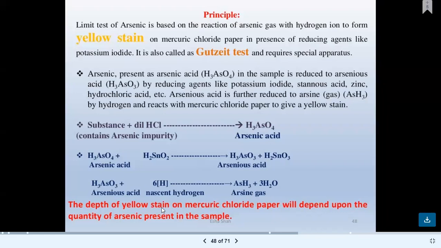The arsine gas then reacts with the mercuric chloride filter paper and gives the yellow stain. So these are the steps by which the limit test for arsenic is performed: conversion of arsenic into arsenic acid, then into arsenious acid, which reacts with the nascent hydrogen formed between the reagents to give arsine gas. So this is the principle.